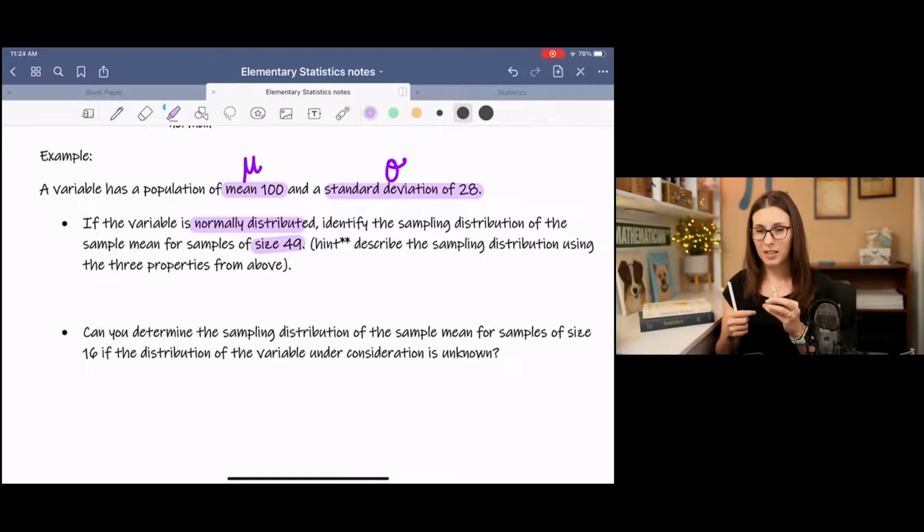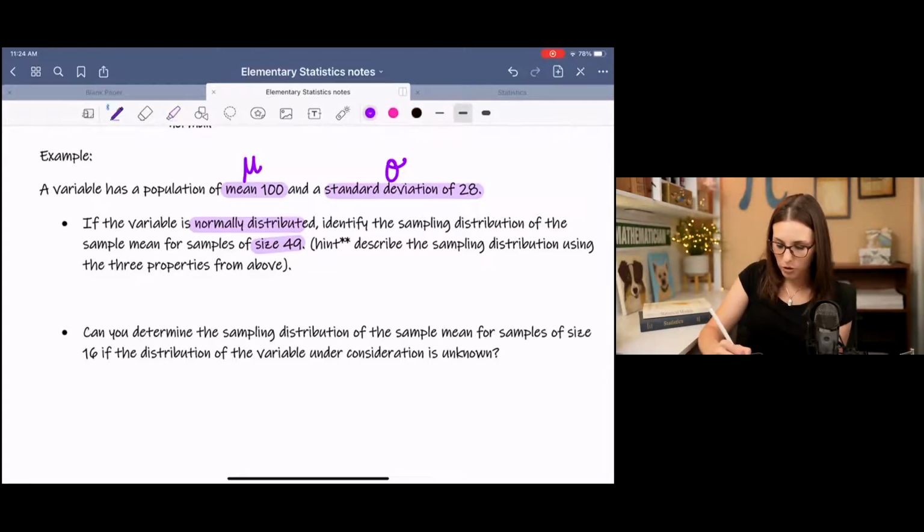The only thing it didn't explicitly state was that it was randomly selected. But since I typed this up, I'm going to go ahead and tell you that I meant to say that these were randomly selected. That's my bad. So since all those conditions were met, we can go on to identify the sampling distribution.